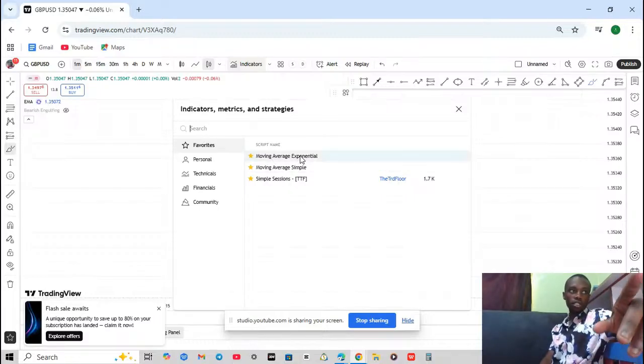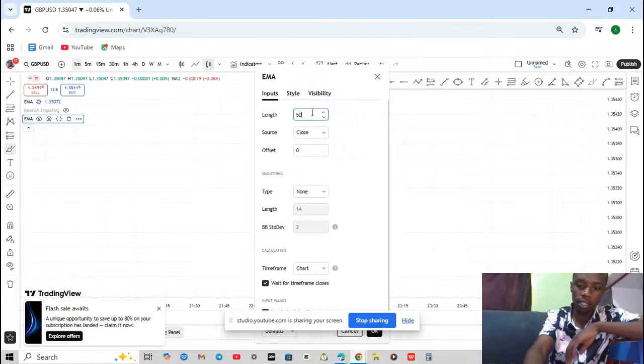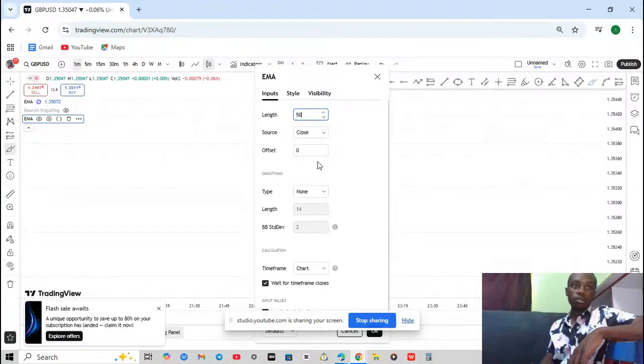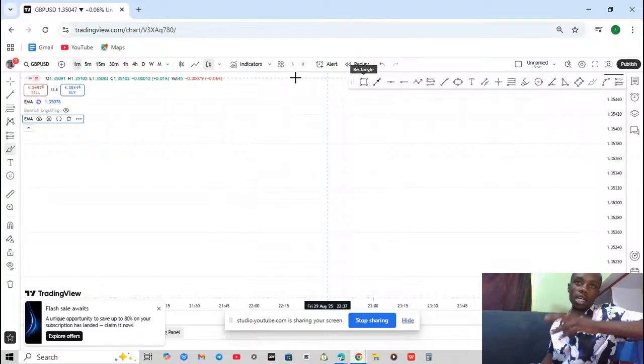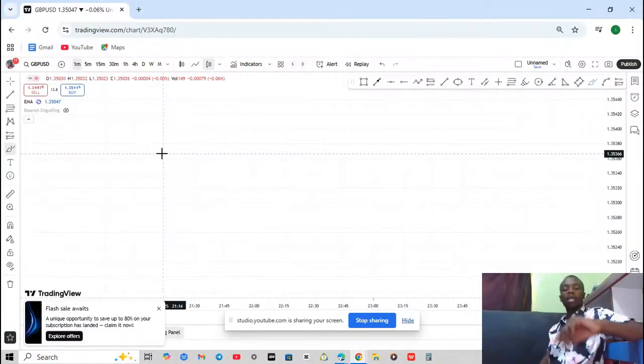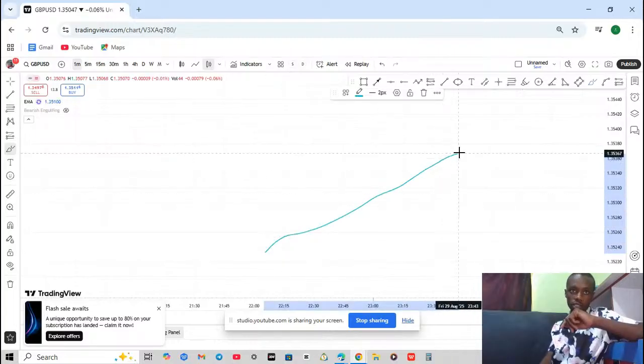You click on it, it appears here, you go to the settings and select 50, close, and then you press okay. For me, I already have it. So let's assume this is the 50 exponential moving average.